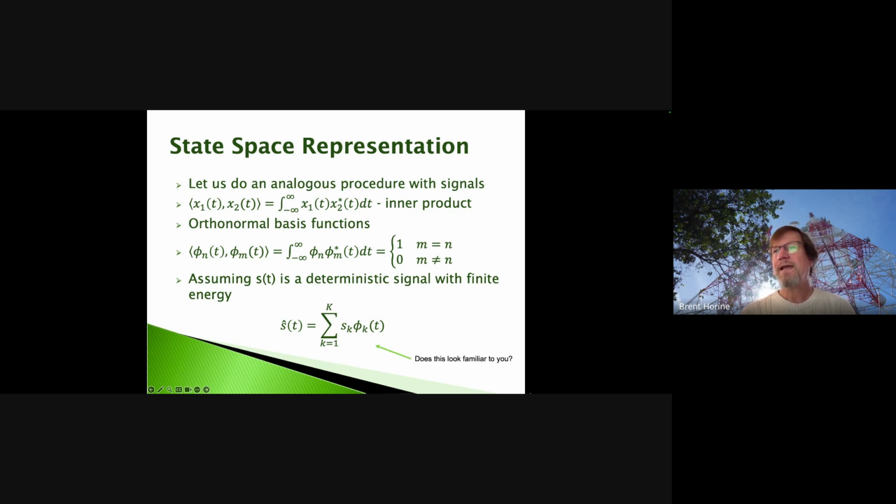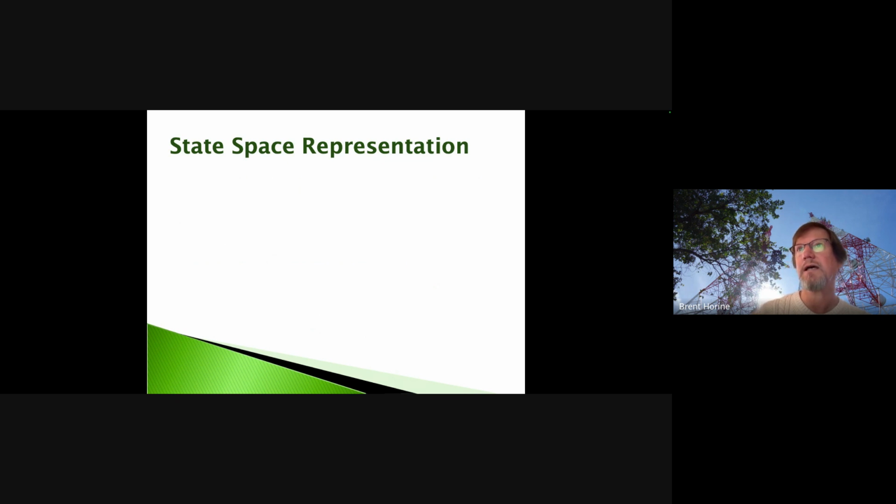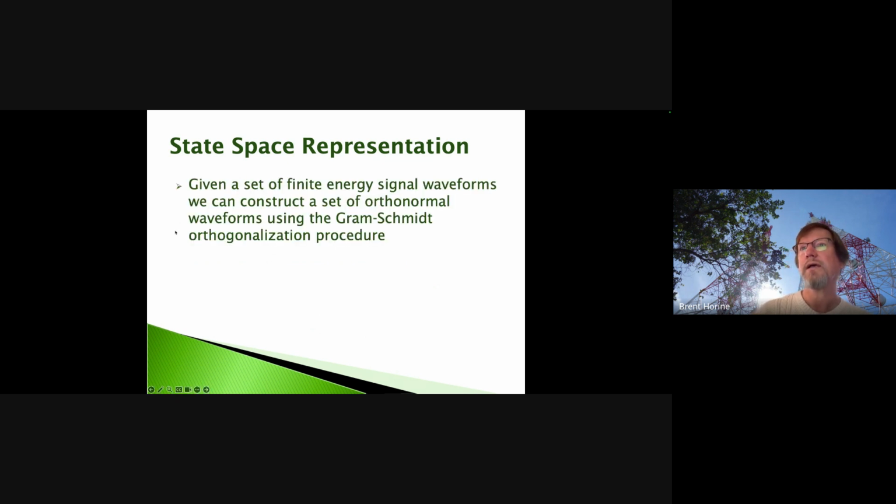So now, does this look familiar to you? Think about this for a moment. Does this concept, or this equation in particular, look familiar to you? Well, you studied this extensively last year.